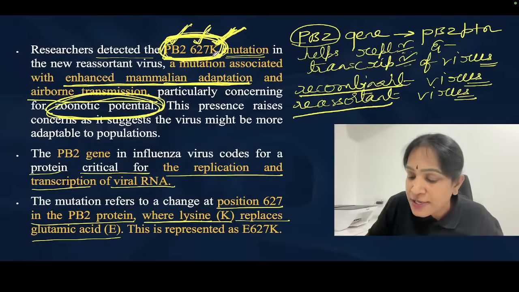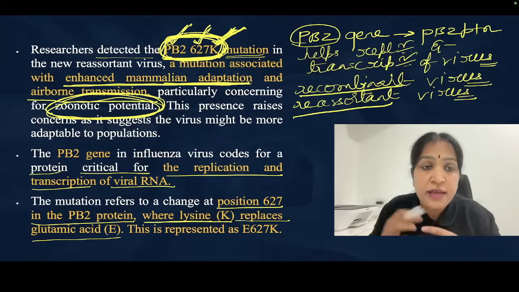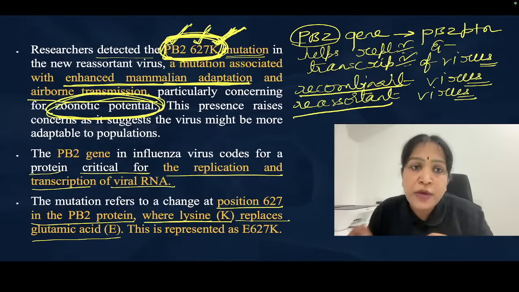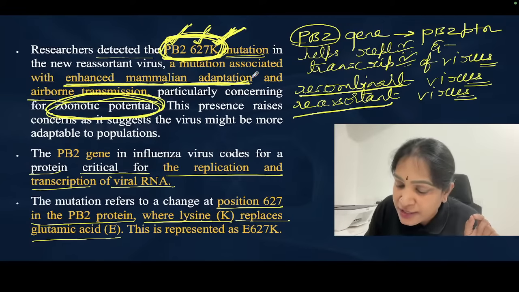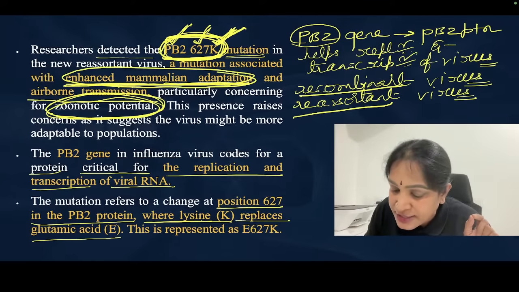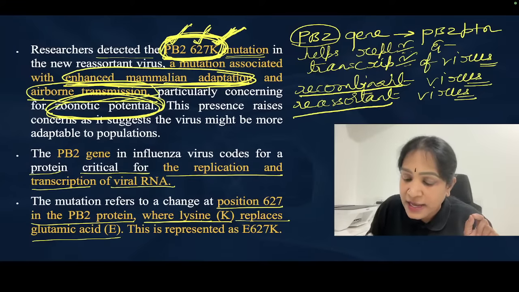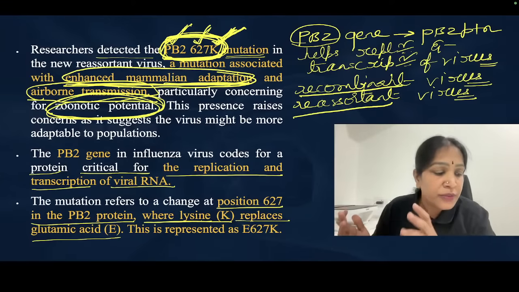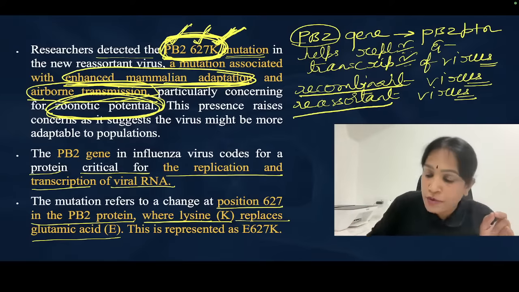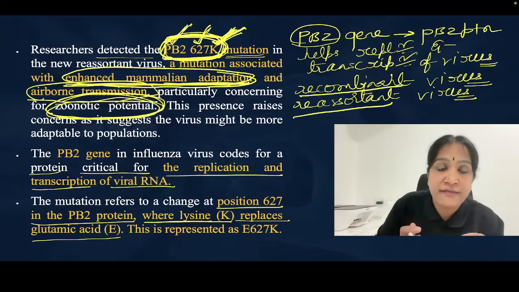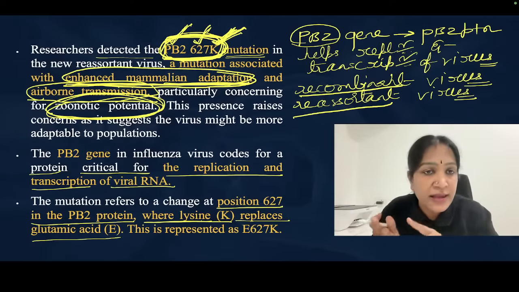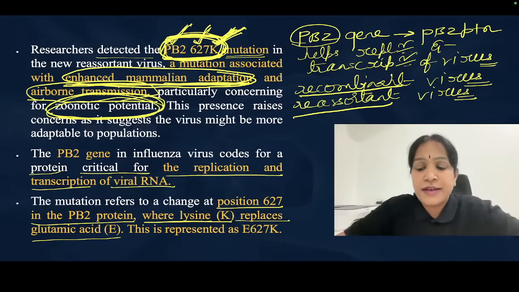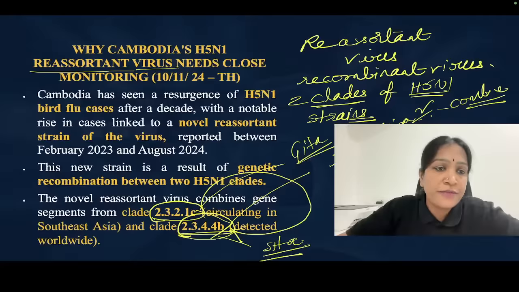How is this mutation responsible for zoonotic potential? How can the mutation make H5N1 zoonotic? Due to this mutation, the virus can better adjust in mammals and can more efficiently undergo transmission through the air. Therefore, this mutation has the potential to make the virus a zoonotic virus. Okay, fine. This is the summary of the article.